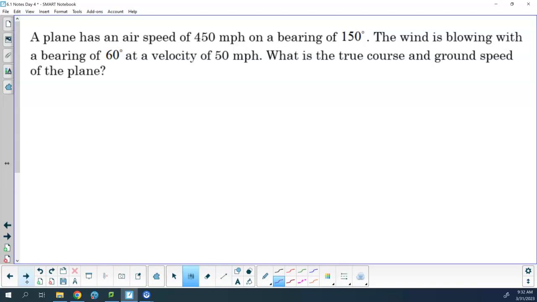The wind is blowing with a bearing of 60 degrees at a velocity of 50 miles per hour. What is the true course and ground speed of the plane? Well, that's going to be an A plus W equals G vector equation.